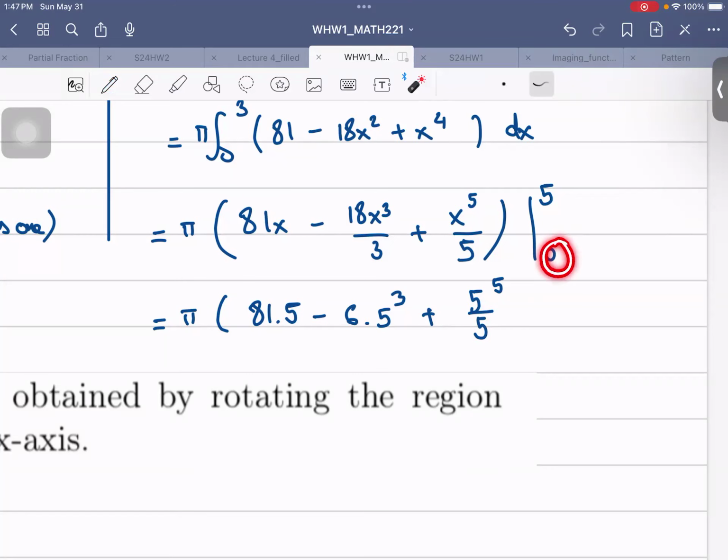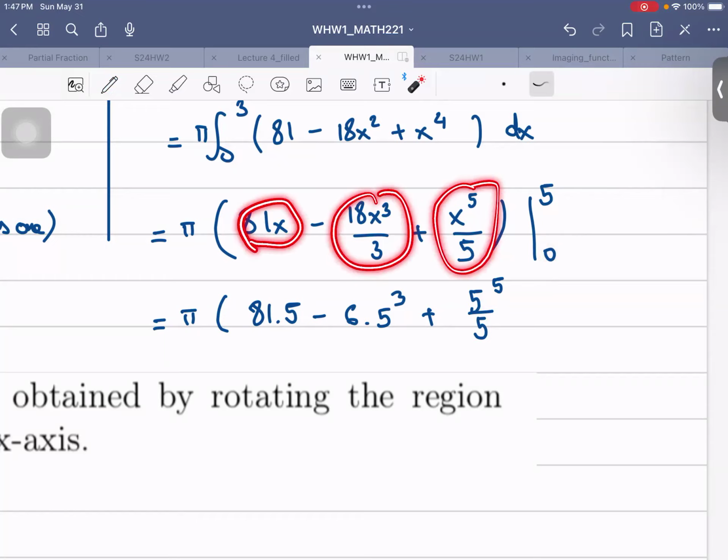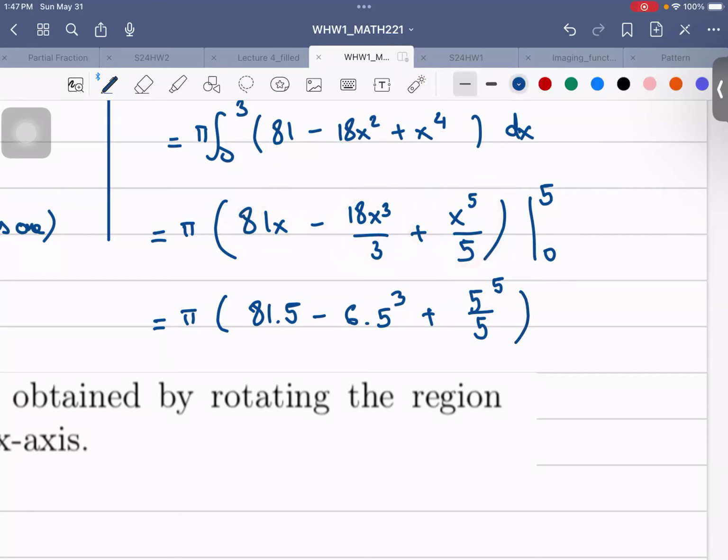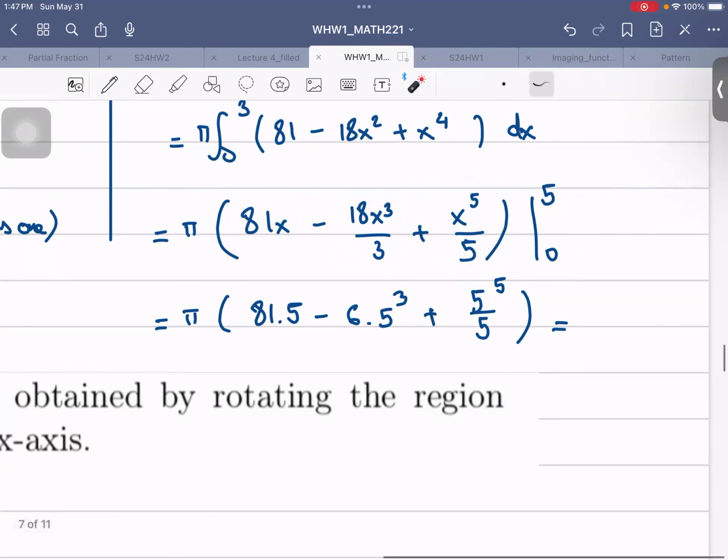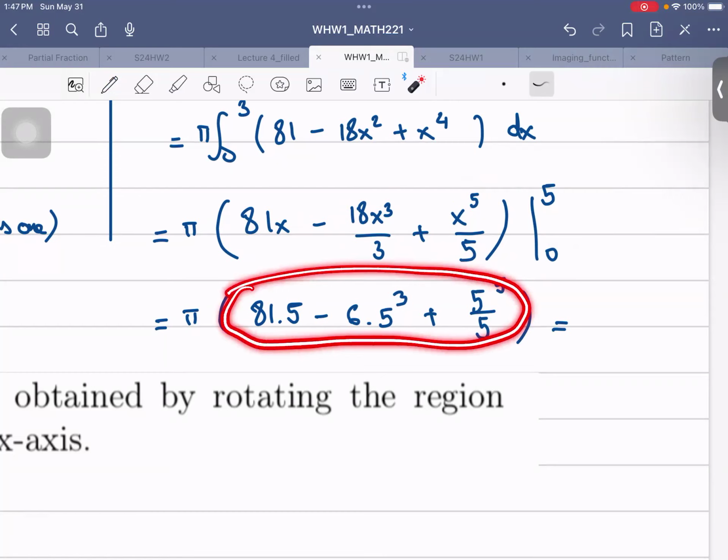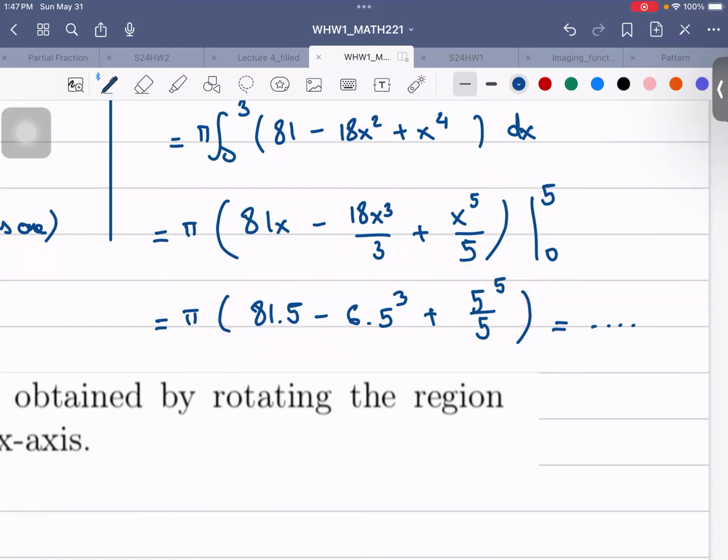And when you plug in the lower bound, you just simply have 0. So this thing is 0, this thing is 0, this thing is 0. So you can use your calculator, simplify this, and you will have the final result.